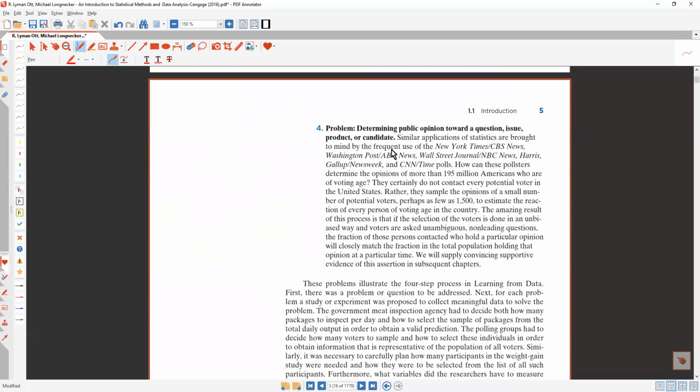Well, here's one we talked about, the idea of public opinion towards a question, issue, product, or candidate. Those are those polling examples that you hear about in the newspapers. So that's a really, really obvious place where they're trying to find out who's going to win the election, for instance. But what's the nature of a poll? The nature of a poll is to study a sample, right? You're studying a smaller set of observations and you're trying to draw an inference.